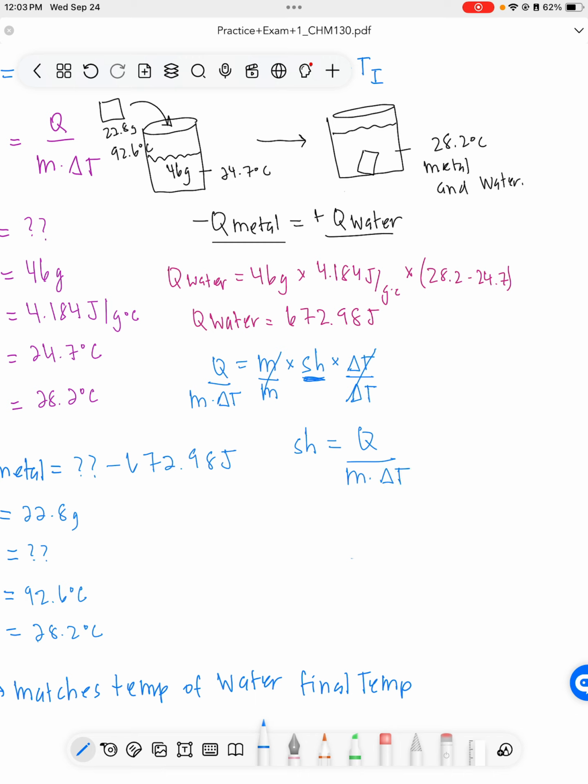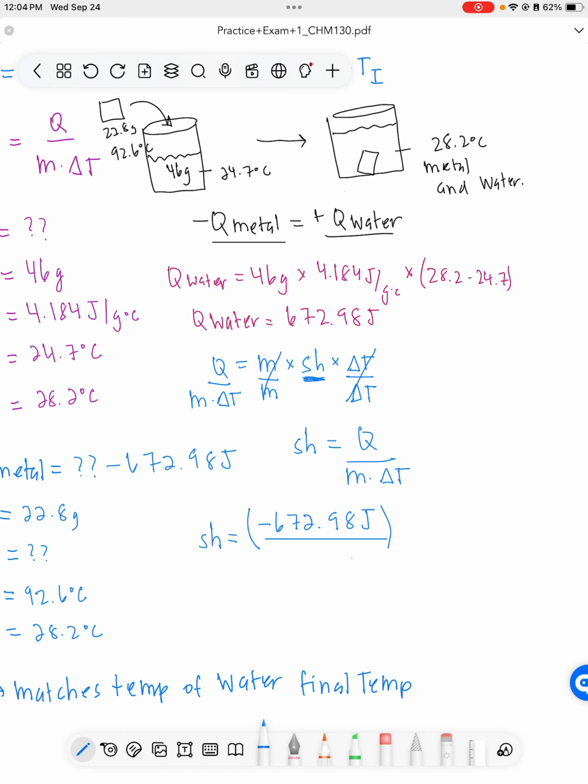So let's do it. We don't know our specific heat. We do know Q. It's negative 672.98 joules. Okay, well, I already have the math done, so we'll just go ahead and plug it in. But you'll need to put this in parentheses in your calculator. So you would type negative 672.98 in parentheses, and then you would do the division sign like this.